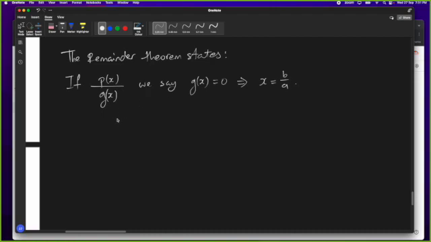Right? The remainder theorem states that the remainder R is equal to, if you take this b over a and put it in the p of x, p of b over a. This is the remainder theorem.